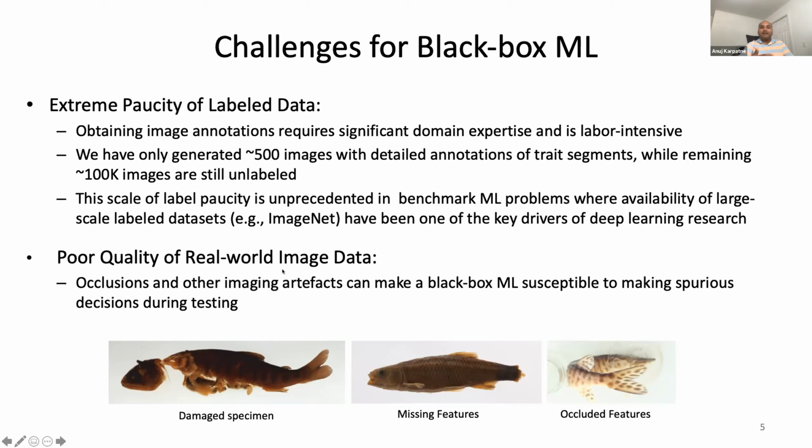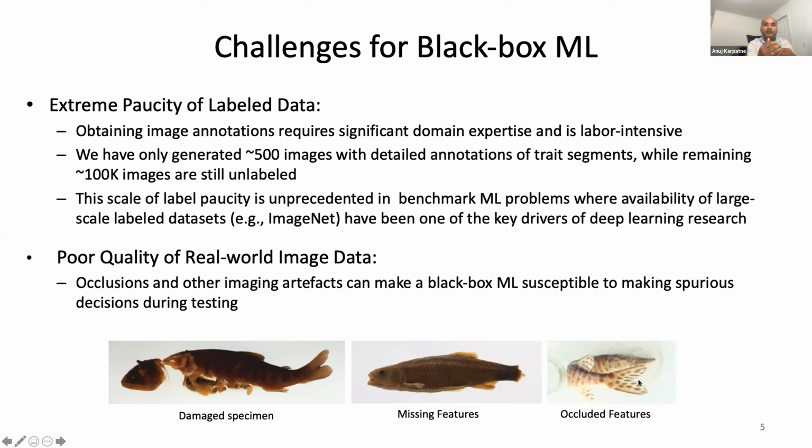Another major challenge that compounds this problem is the poor quality of data, of images, that we have in many real world applications. For example, if we talk about museum collection images, which are still relatively more standardized than crowdsourced images, images collected in the wild, we still have a lot of challenges in dealing with several types of artifacts. For example, occlusions of traits.